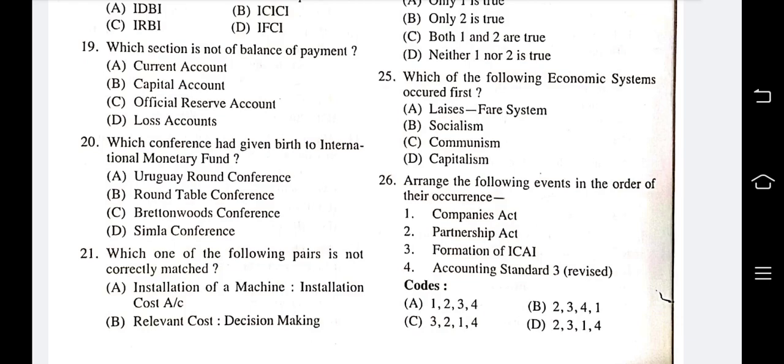The next question is to arrange the following events in order of their occurrence. Options are Companies Act, Partnership Act, Formation of ICAI, Accounting Standard 3.